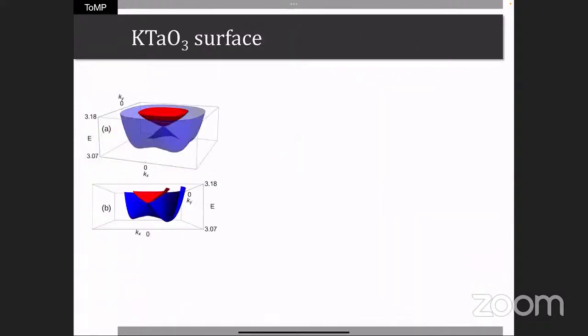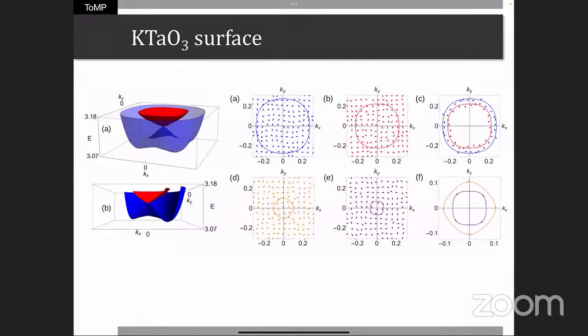We have also calculated for potassium tantalate surface. And for the surface, we find 2 different kinds of bands. One kind of band shows this kind of interaction. Another kind shows this kind of interaction. Of course, this second kind is cut off so that you can see this red and blue bands touching here at this point. And the corresponding contours and spin textures look like this. So we can clearly see there is a chiral spin arrangement.